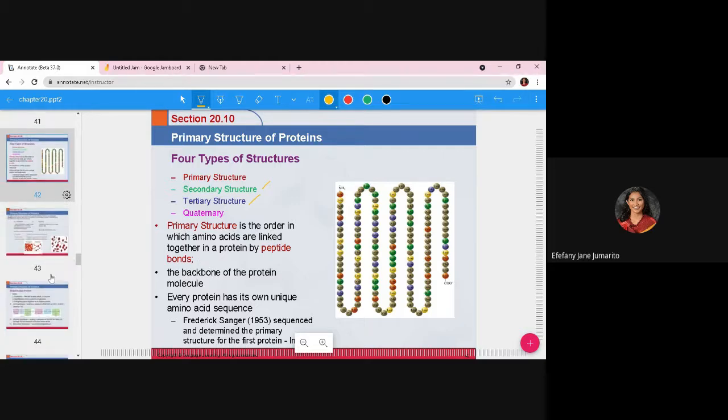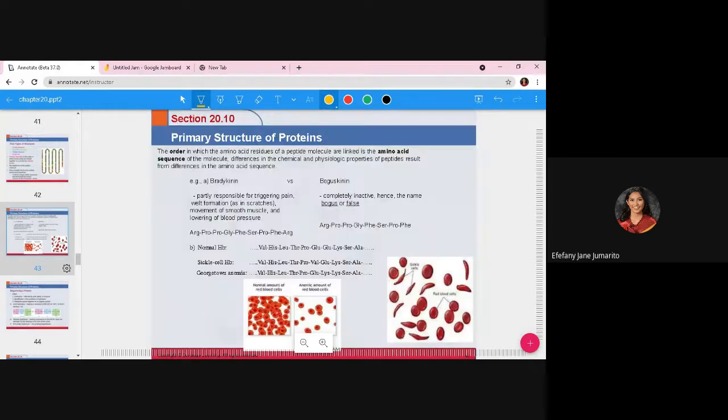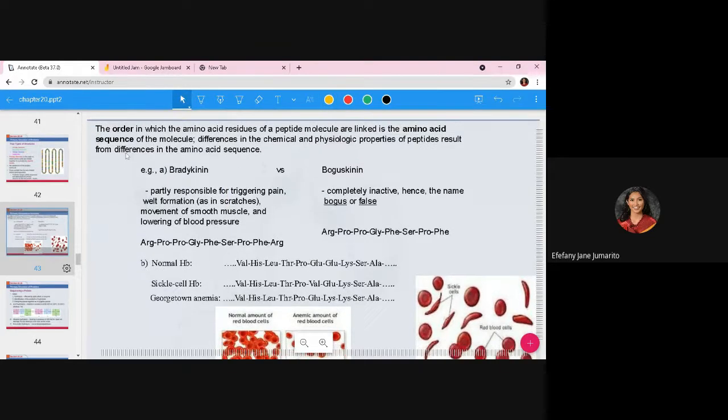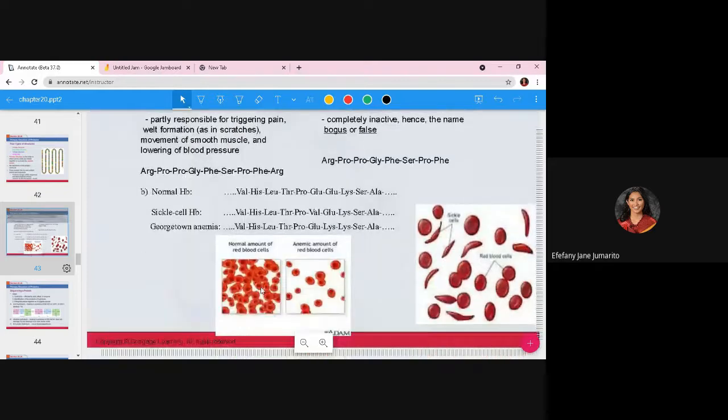When we say primary structure, it's just a straight chain. Now, example here, we have your primary structure. This is your normal red blood cells. As you can see, it has these peptide bonds.